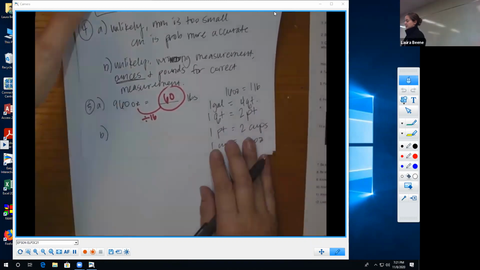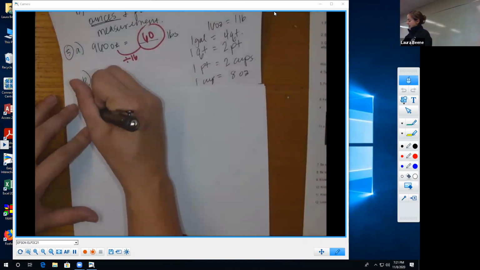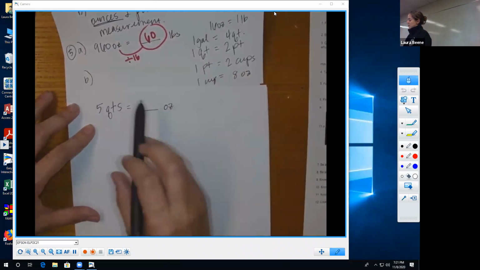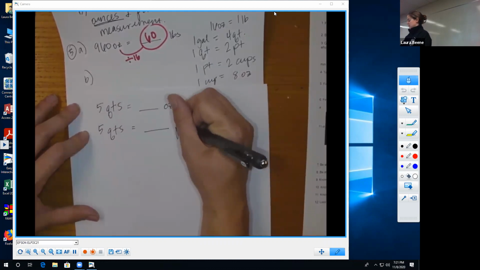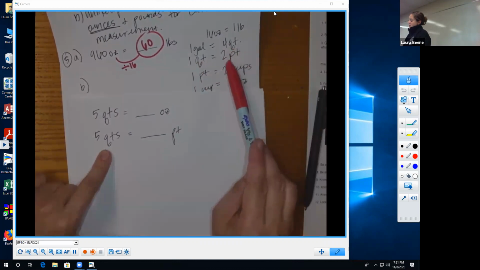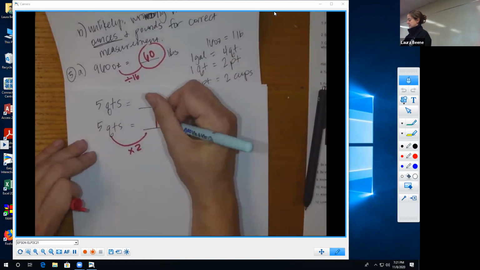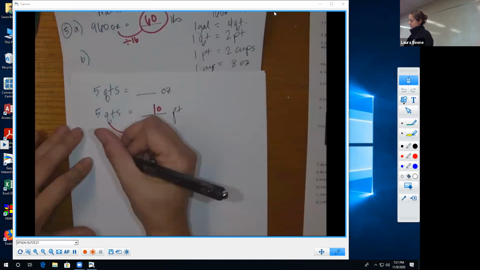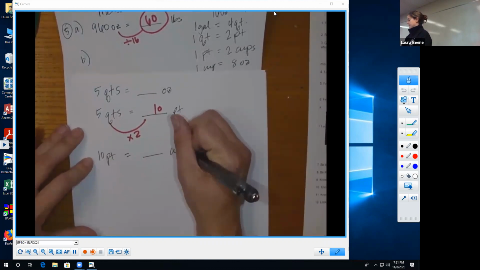So to do this problem, if I'm trying to go from 5 quarts to ounces, I need to start off by going from quarts to pints. There are 2 pints in each quart, so I multiply 5 times 2, and I get 10 pints. Then I need to go from pints to cups.